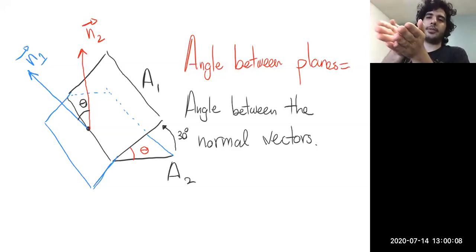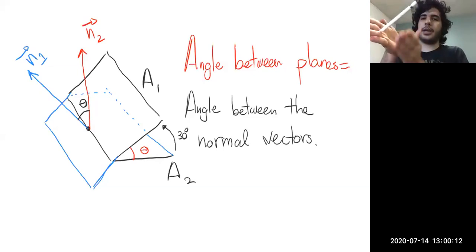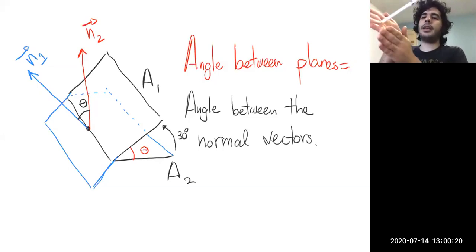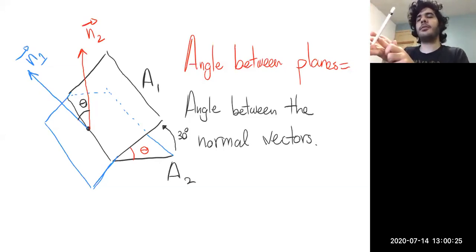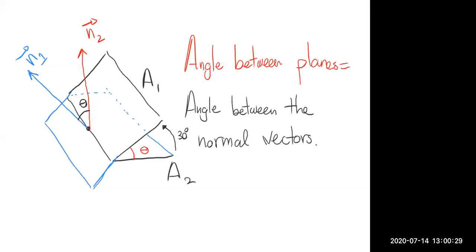Now, if this is a normal vector to one of them, if I rotate it to get to the other one, it would be the normal vector of the other one. But the amount I rotate my hand is the same amount as I rotate this normal vector. So that means the angle between two planes is equal to the angle between two normal vectors, N1 and N2.